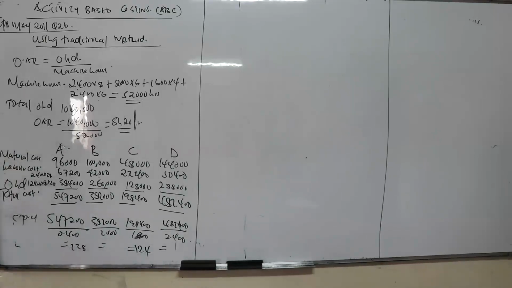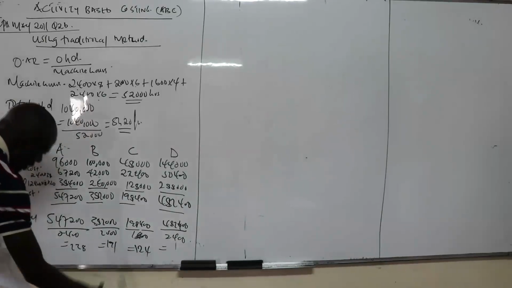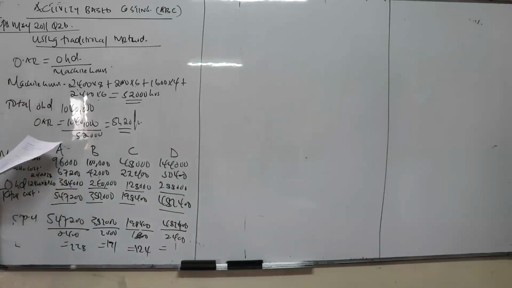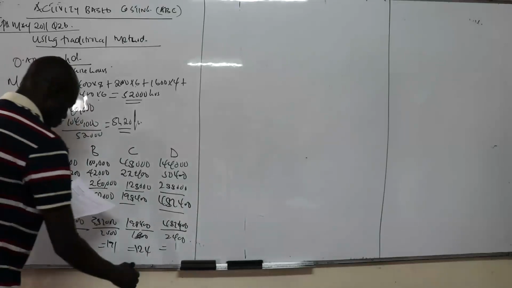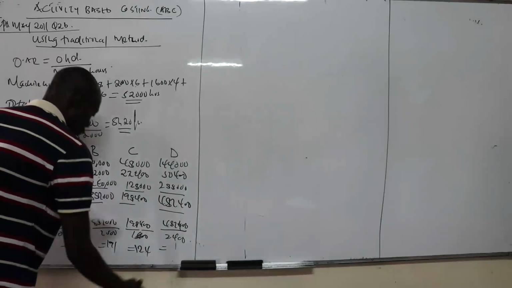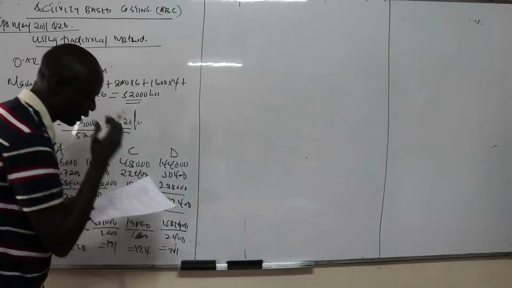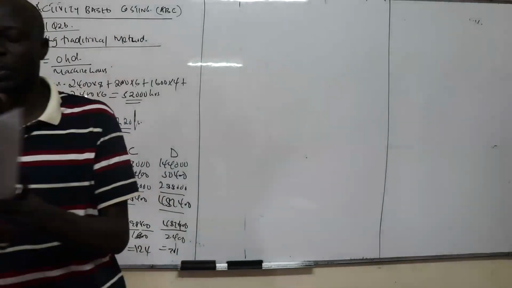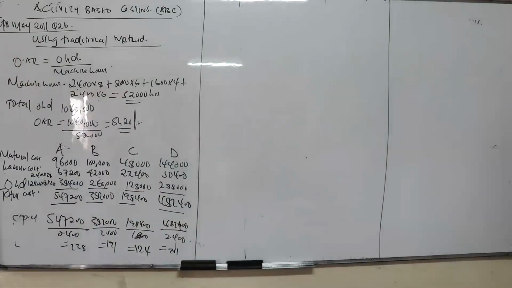Product C, 191, isn't it? And D, 201. I think there are some mistakes there on this question. So that is what we call the traditional method.